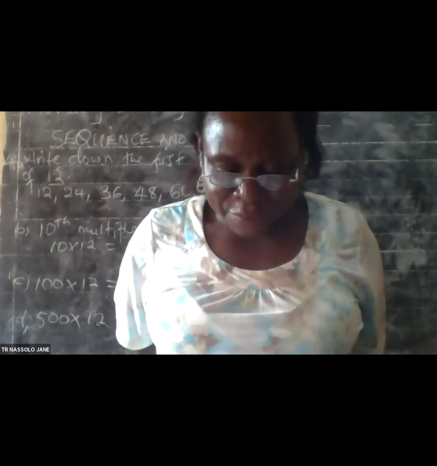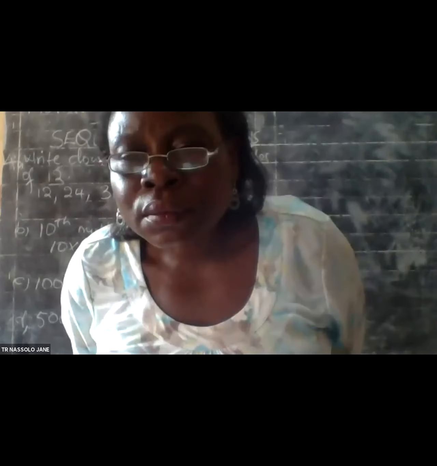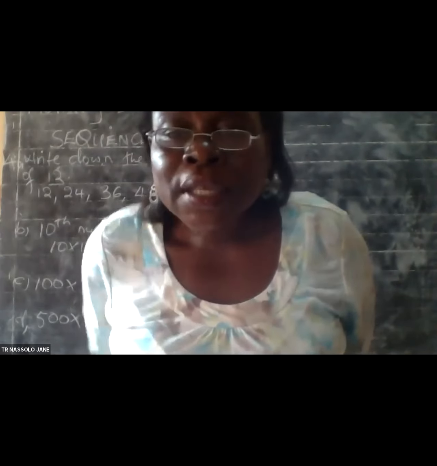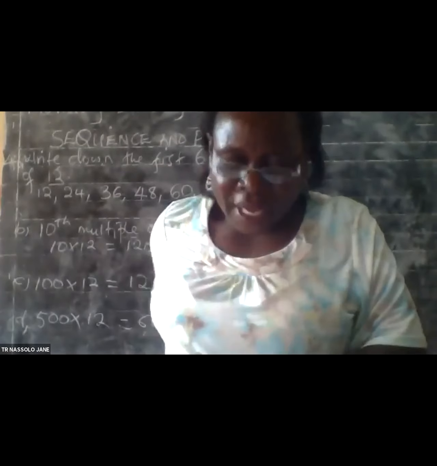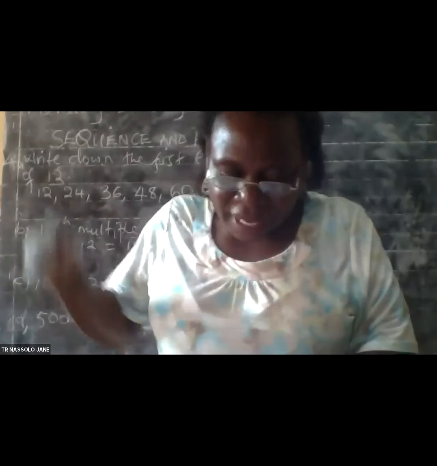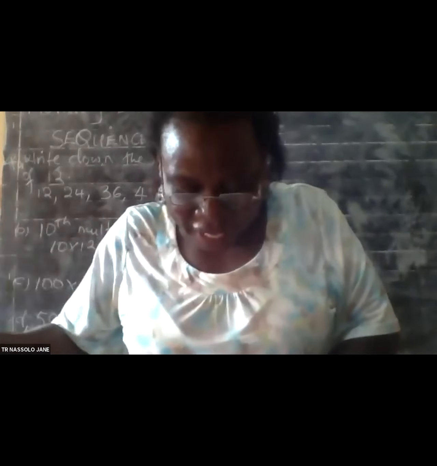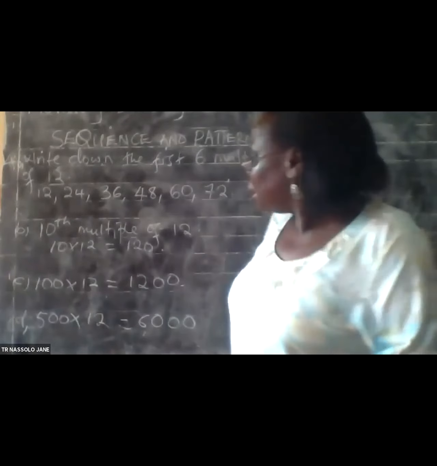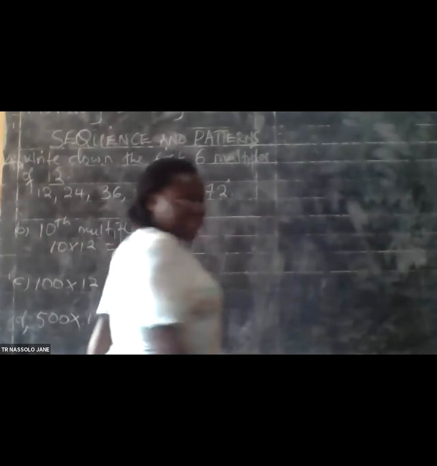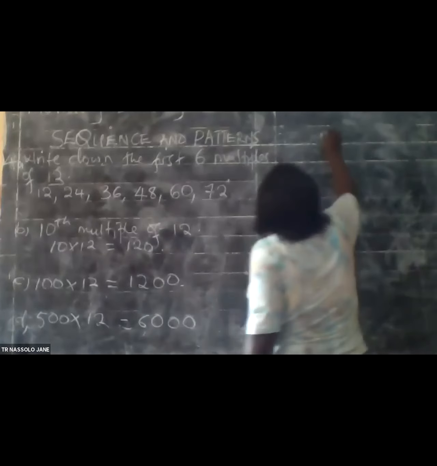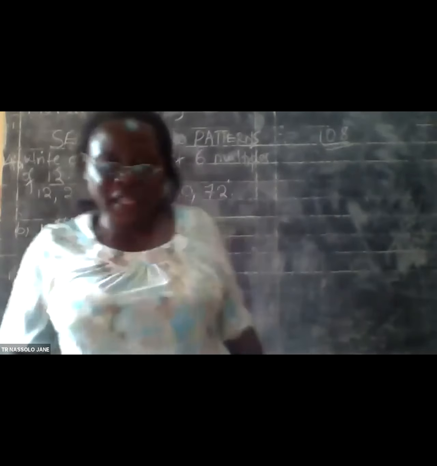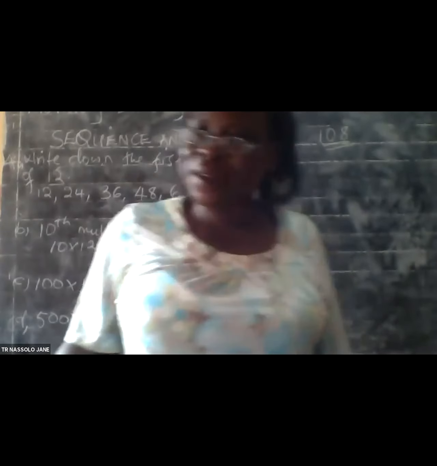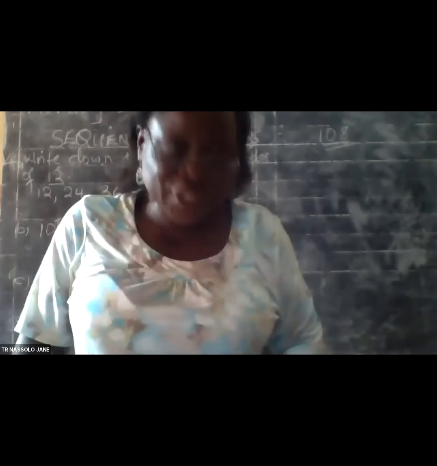Somebody is typing 108 because our square ends with 100. The next number that is a multiple of 9 and is not shown in the square. So from 99, the next number is 108. So the first number not shown in the number square is 108. Thank you very much.